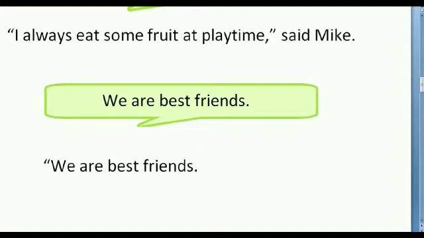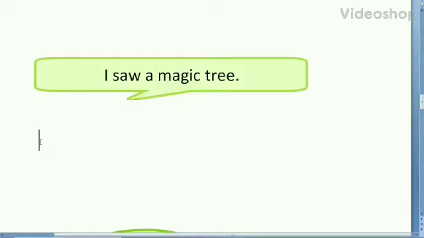Leave the full stop. Speech marks again. Said, Mike, full stop. Okay, two full stops? That's wrong. Remove the full stop. Put a comma instead. Good. All right, next sentence.